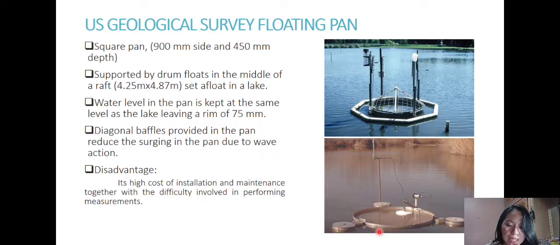So the water level in the pan is kept at the same level as the lake, leaving a rim of 75 millimeter.